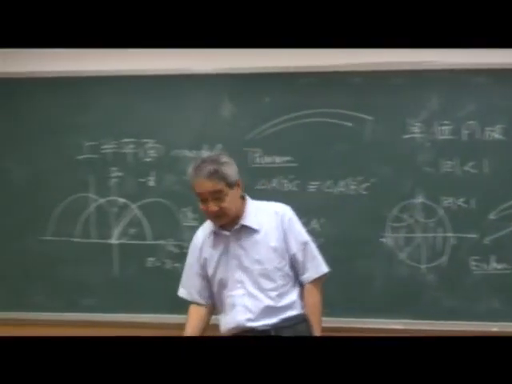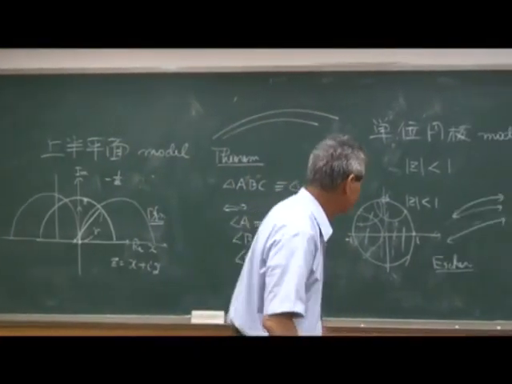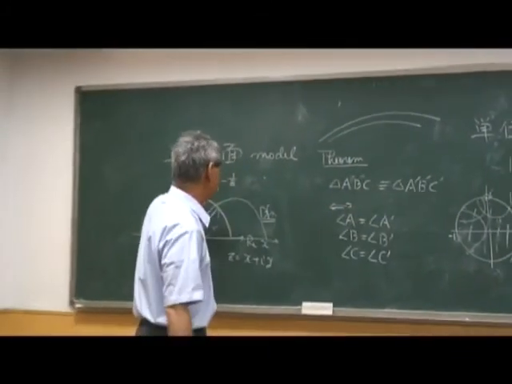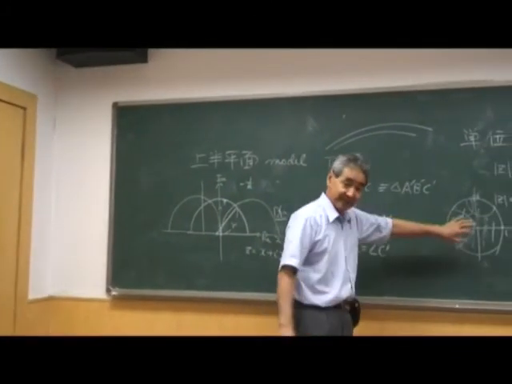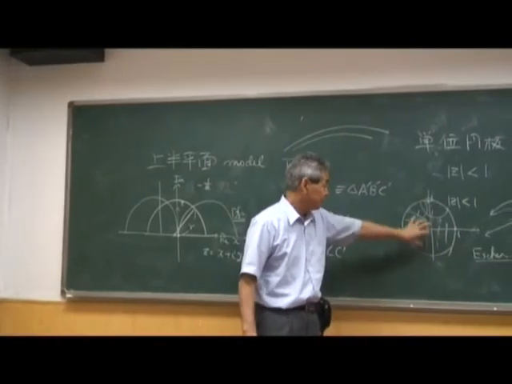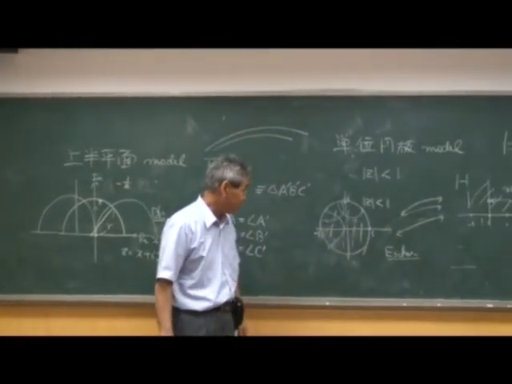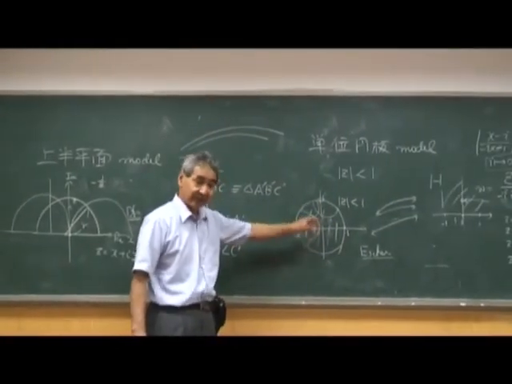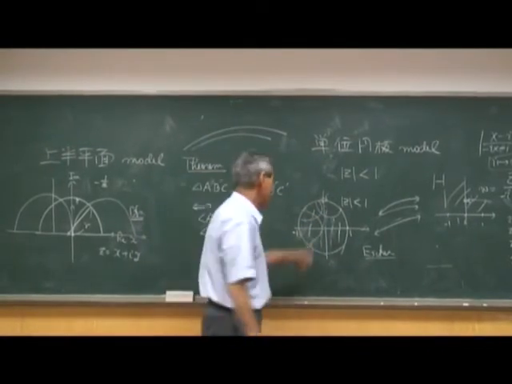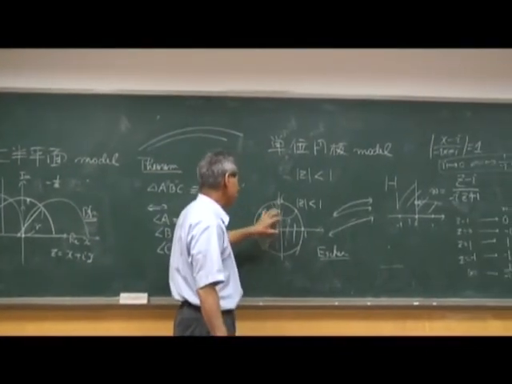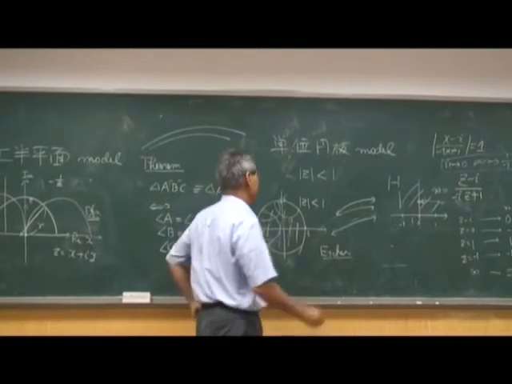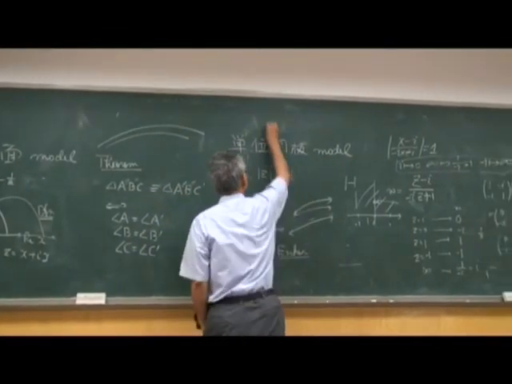But in this way, you can show that every non-Euclidean geometry on the upper half plane, you can write down in the non-Euclidean geometry in the unit disk. And the non-Euclidean geometry in the unit disk is usually called the Poincare model.